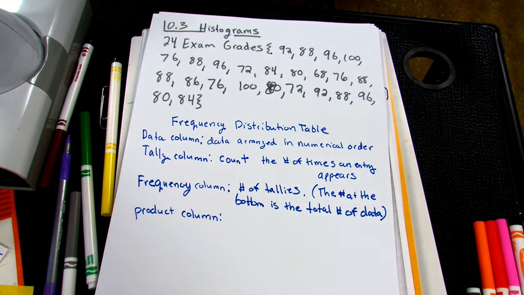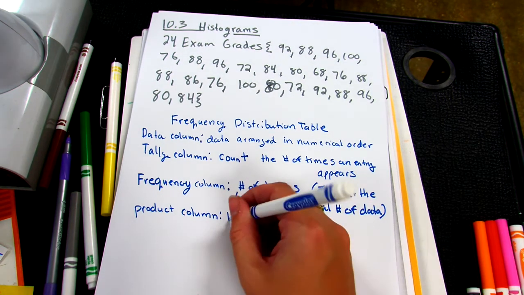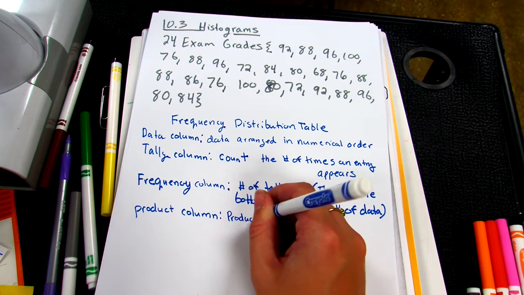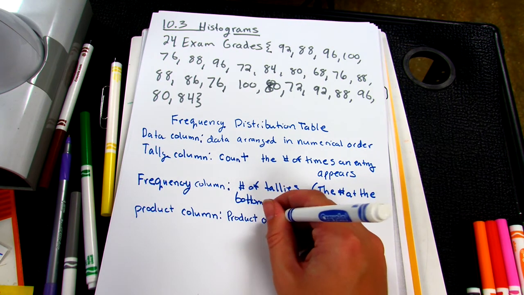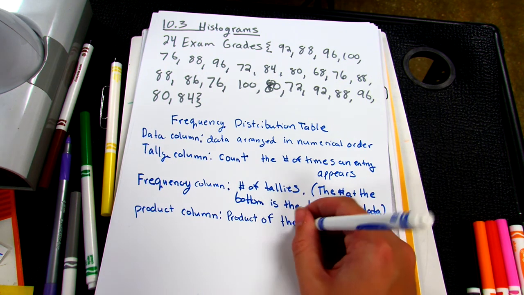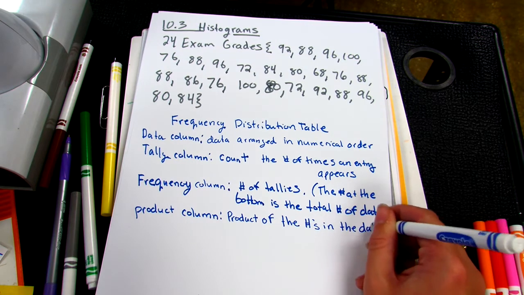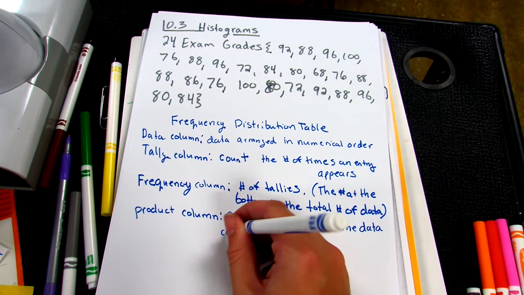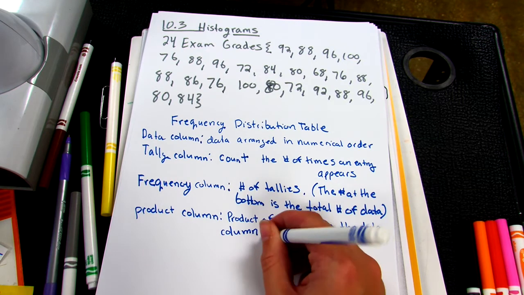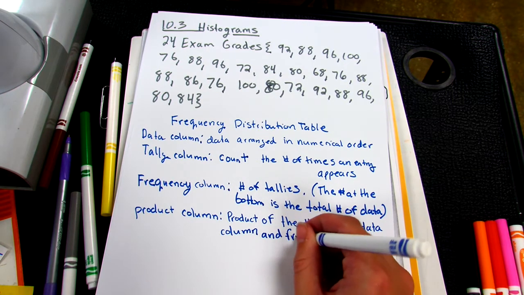And the product column is the product of the numbers in the data column and the frequency column, okay? So the first column times the third column, right? So it is the product. Remember, product means to multiply.